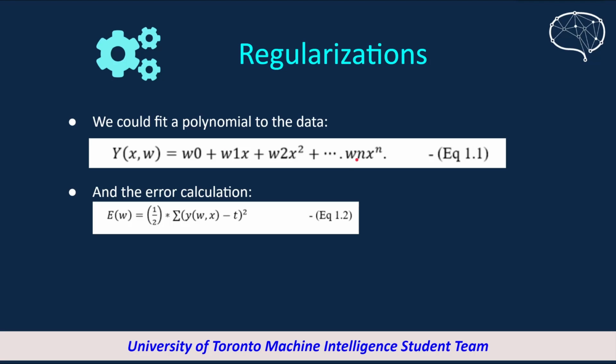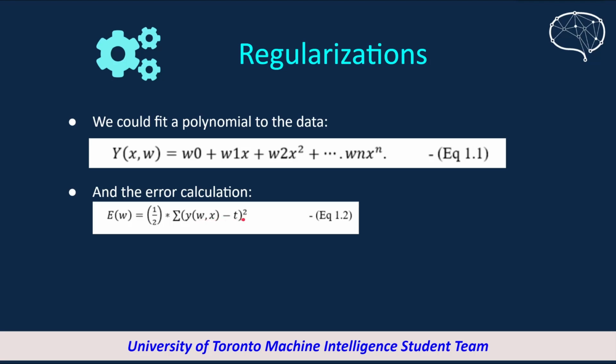But the higher degree you have, the more complex the model is, and there is a likelihood that you're going to overfit with a very complex model. If we look first at the error calculation here, you simply put your model function, this y, into the calculation, and t is the ground truth or the label of the data.